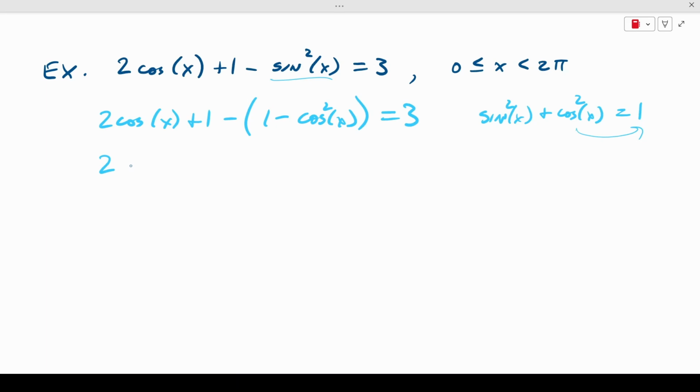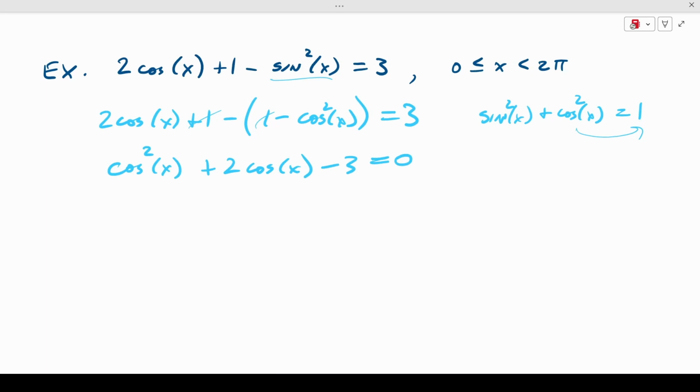Alrighty. Now I'll distribute my brackets. I can rearrange as well. So I have 1 minus 1. That's going to go. I have minus minus. That's going to be positive cos x squared. So I'm going to write that first. I might as well start rearranging my terms in the right order. I have plus 2 cosine of x minus 3 on both sides equals 0.